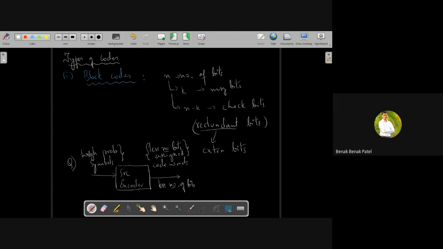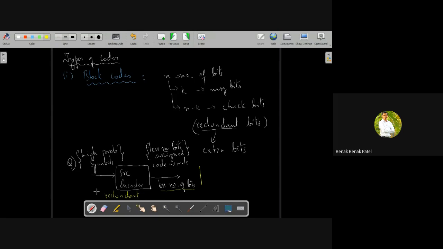So this is what we were trying to do, and here we were mainly concentrating on a lesser number of bits. Back in the source encoder, we were trying to eliminate redundant information. But in the very next stage, what are we trying to do? We are trying to bring in some redundant bits.